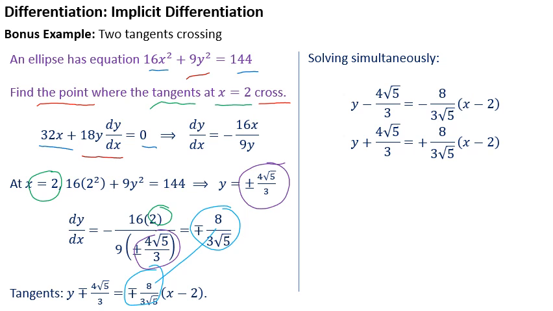In fact, what I'm going to do is add the left-hand sides and add the right-hand sides, and that will eliminate practically everything. Y plus y will be 2y, but the plus and the minus 4 root 5 over 3 will cancel out, and the plus and the minus 8 over 3 root 5 times x minus 2 will also all cancel out, which gives us a very nice result. And if you think about it, when I got to this, I went, oh yeah, of course it is. It's obvious now, in hindsight, because we're dealing with 2 points that are perfectly symmetrical above and below the x-axis.